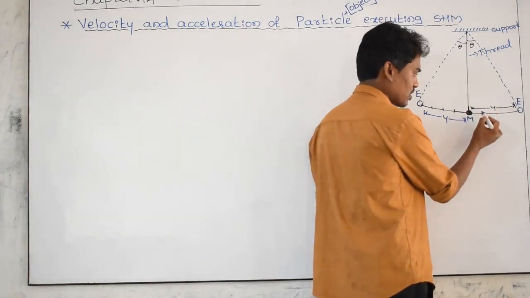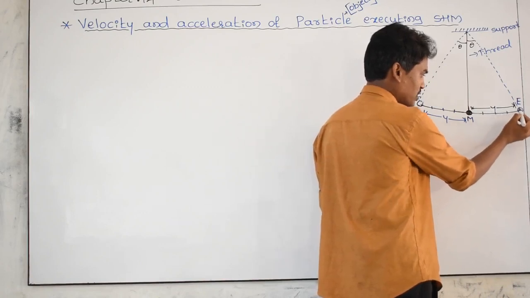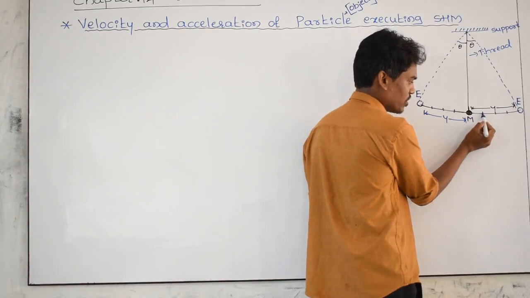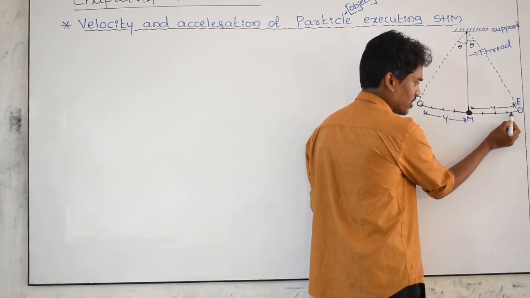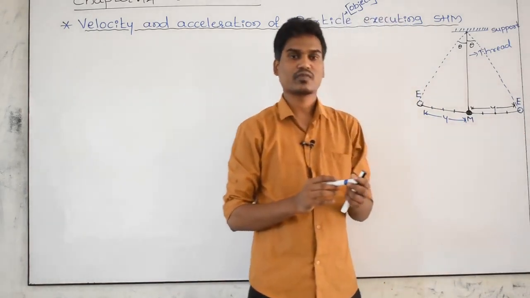Similarly, during its motion it reaches these points and the last extreme point. When the object is present at this point, what is its velocity? We have to find out.